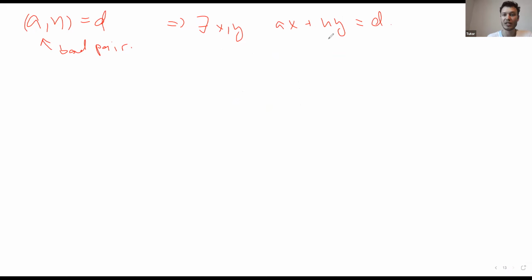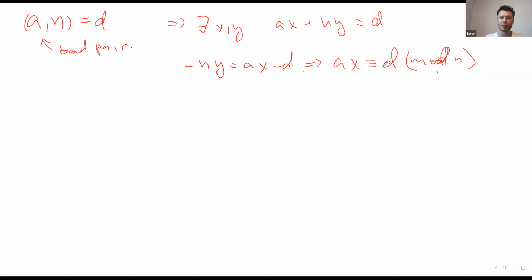So if I look at this mod N, I get that AX is going to be congruent with D mod N, right? So basically, I cannot get a modular inverse mod N. I cannot make this one, but at least I can make this thing to be D, right?